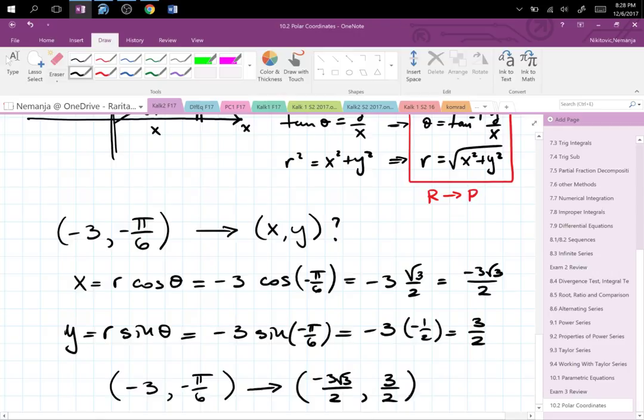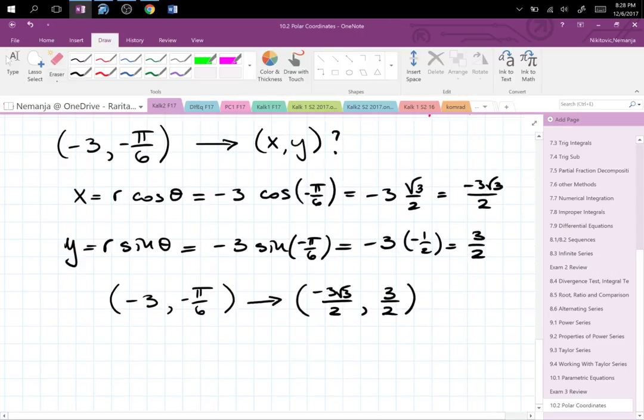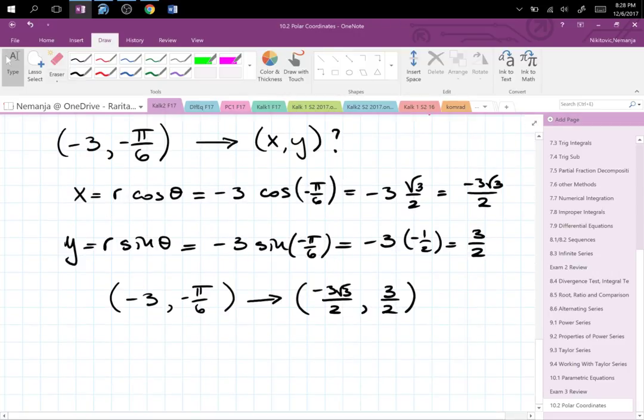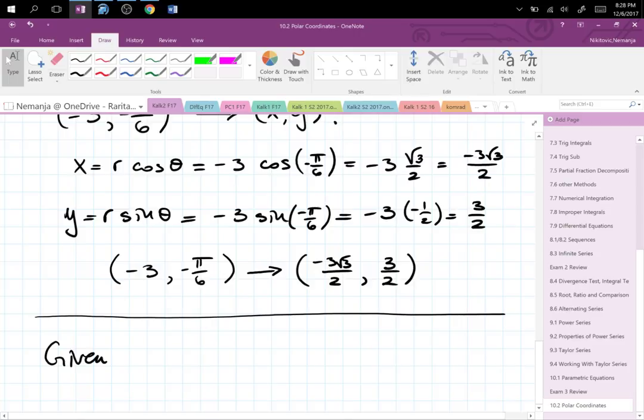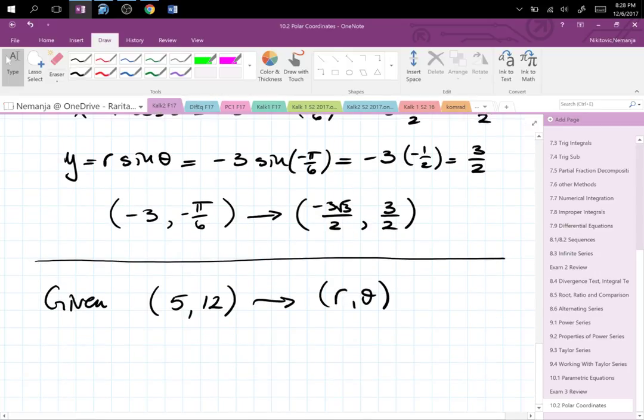So we are able to convert the points from one world into another. If you are given, let's say, 5 and 12, and you want to convert that into r theta, you will be using the other set.